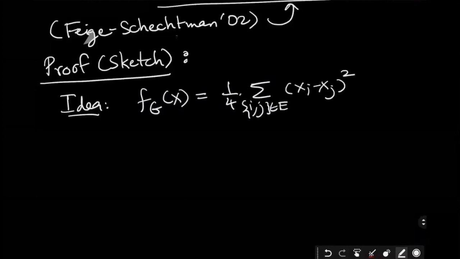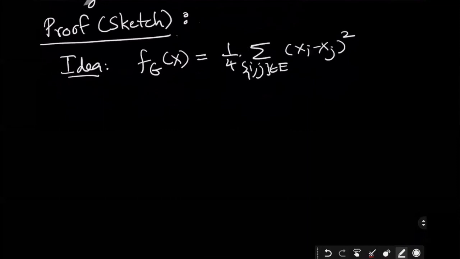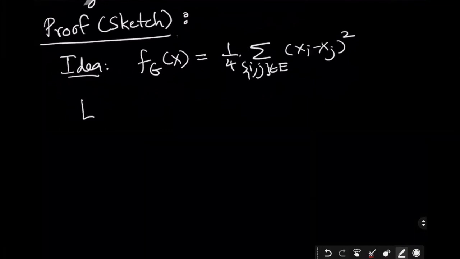It turns out that this polynomial itself is in fact the quadratic form of a certain natural matrix associated with the graph G. Many of you have probably seen this matrix before, but I want to describe it to you. It's called the Laplacian matrix of the graph G. All of you are probably aware of the adjacency matrix A, which is basically the 0, 1 indicator of the edges of the graph.